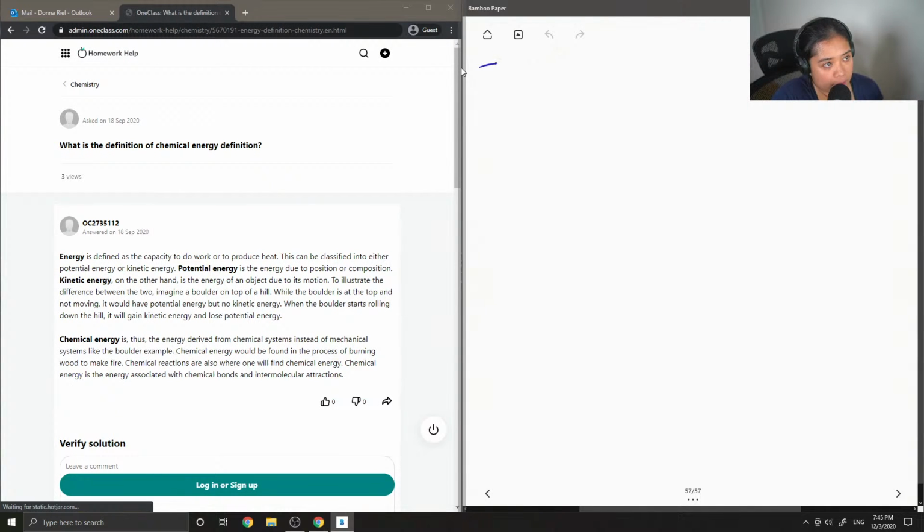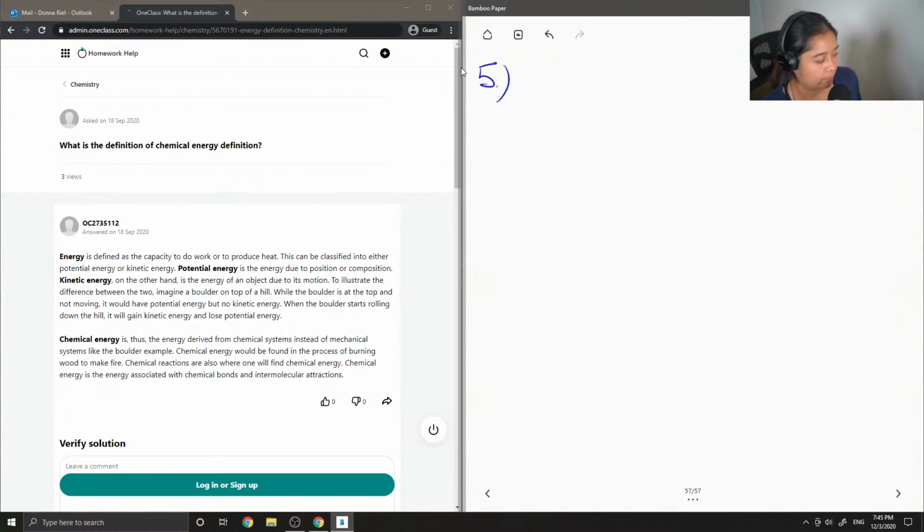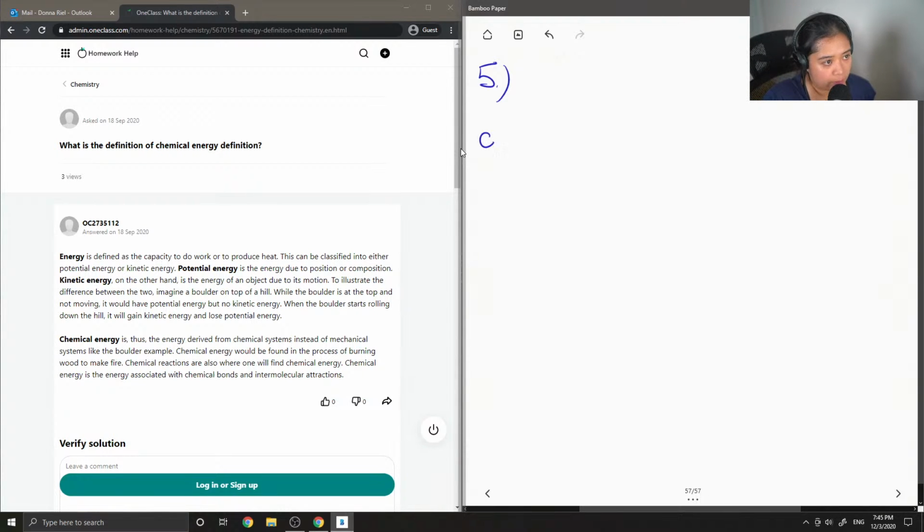Okay, so on to question number 5. What is the definition of chemical energy? So chemical energy is defined as the energy derived from chemical systems.